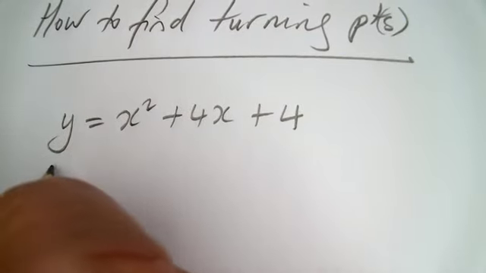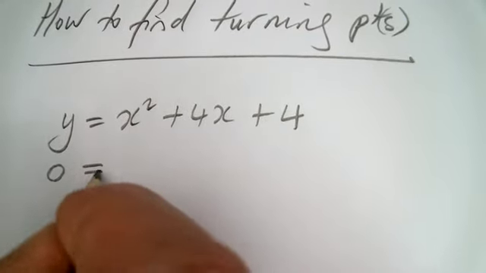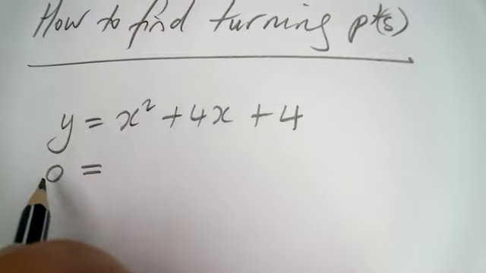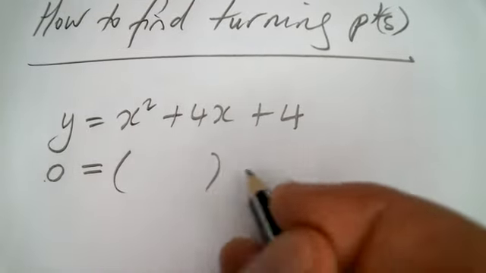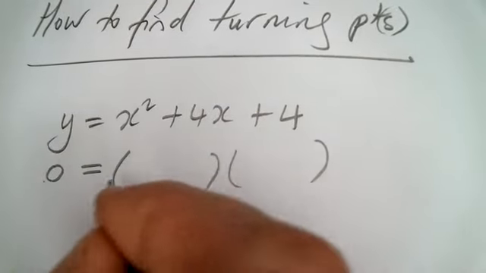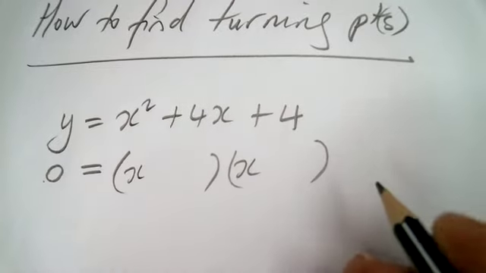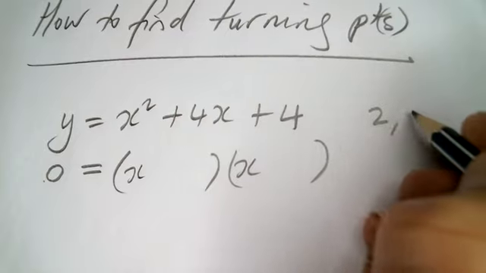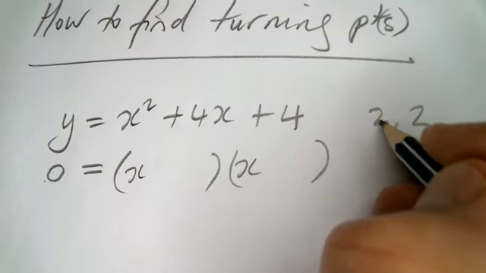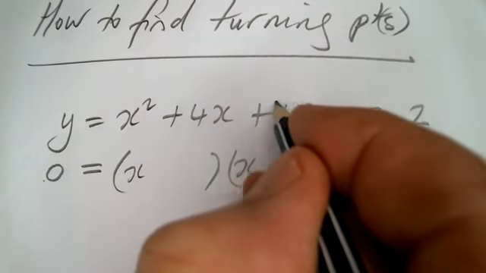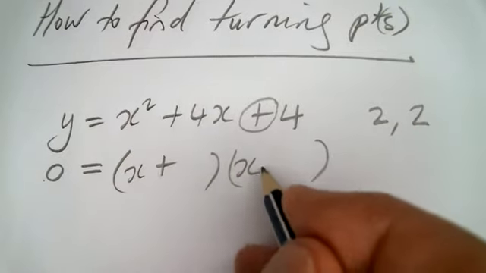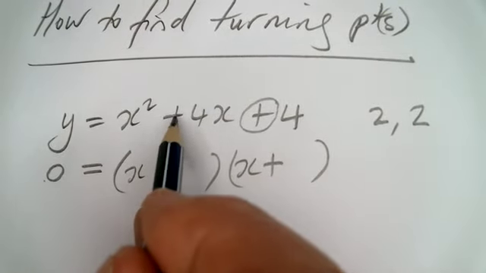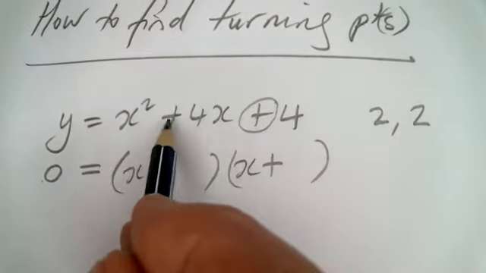Let's first make y equal to 0. If y is 0, what's x? So I'm going to factorize this, and I'm going to have an x and an x, and factors of 4 are going to be 2 and 2. So 2 times 2 is 4, so the signs are the same, and they're both going to be plus.